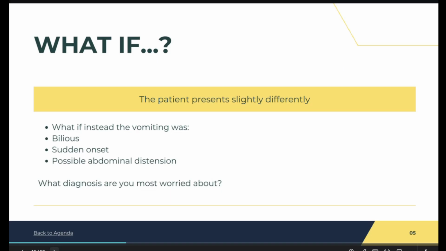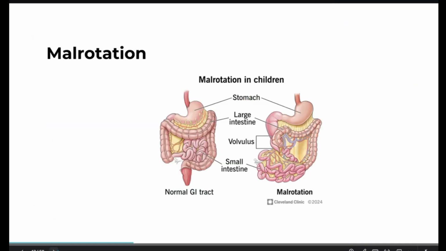Okay, so we've heard obstruction and malrotation. So those are actually very good answers. Malrotation is the one that you would be most worried about. So here's a picture where you can see how the gut is rotated, and the small intestine should be here normally, but then here it's all twisted around.